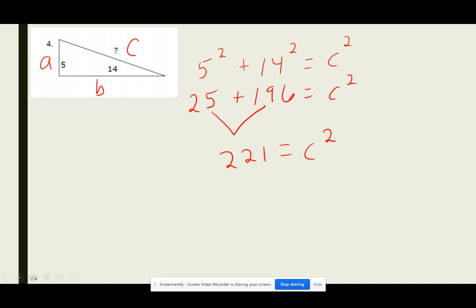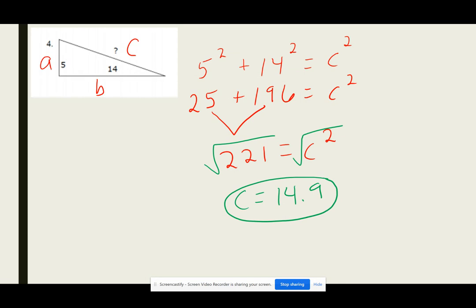Okay, my final step, as soon as I get to that point, I need to go ahead and get rid of the square by taking the square root of both sides. So C equals 14.9. Now, sometimes you will get a whole number answer. Sometimes you will get a decimal. It all depends on the problem.